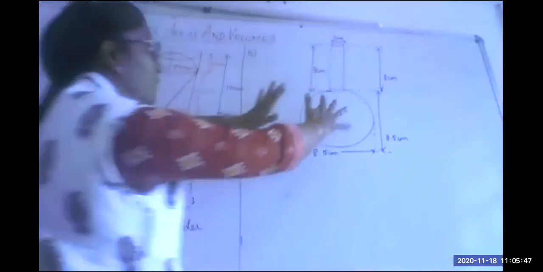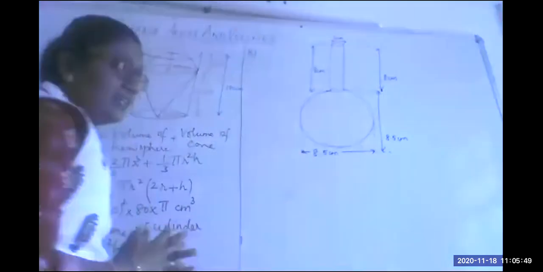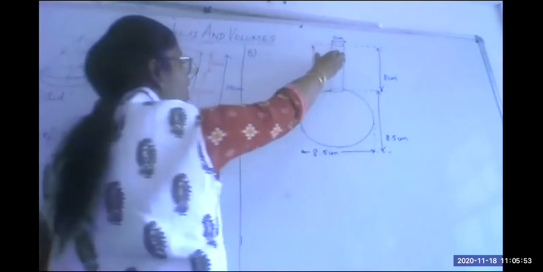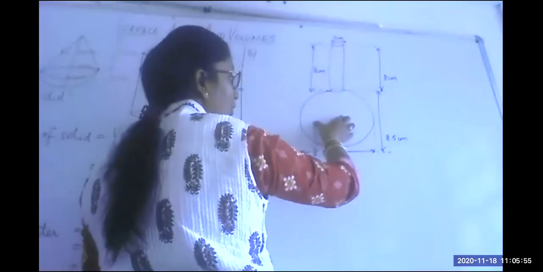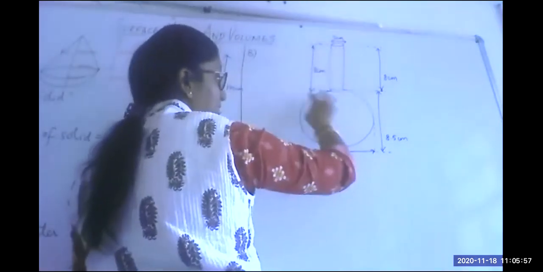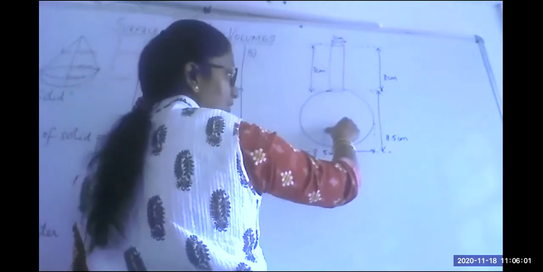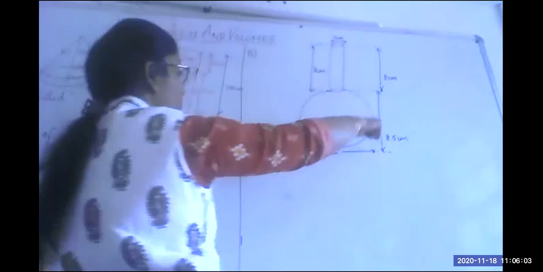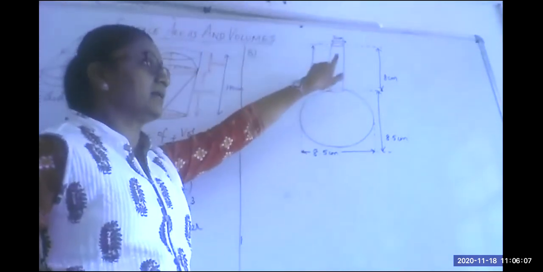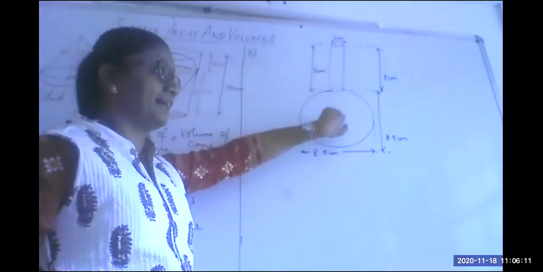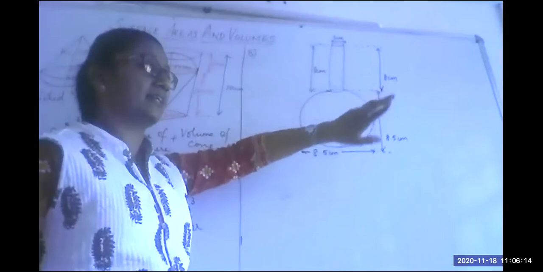So if I store anything inside this vessel, the total volume will be equal to volume of cylinder plus volume of sphere. There are 2 parts in this complete solid. The solid is made of a cylinder plus a sphere. So when I want to find the total volume of the solid, I have to take the cylindrical part plus the spherical part. So we have to calculate and find out whether it is 345.